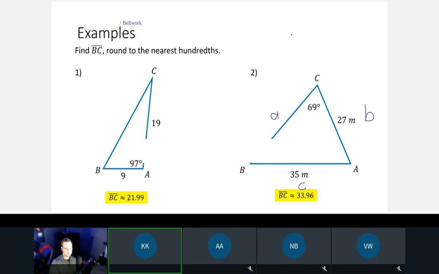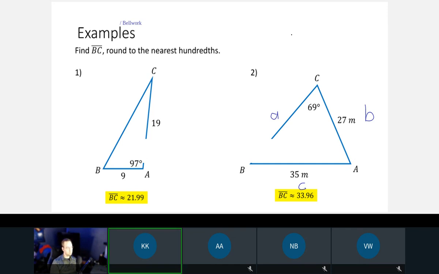Okay, so for mine, I set up and I wrote everything down. I wrote a list of all the known information. And then to start, I did the law of sines. I did sine of C, which is 69. So sine of 69 over 35 equals sine B over 27. And then from there, I know that arc sine was then sine of 27 times sine of 69 over 35.